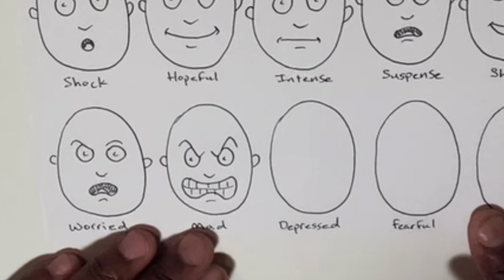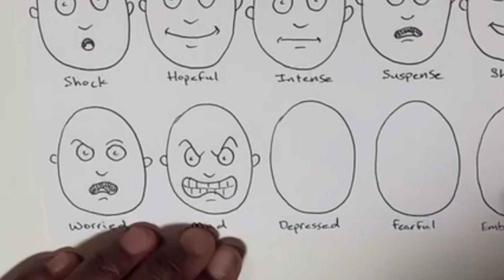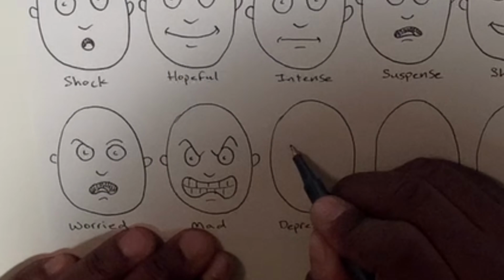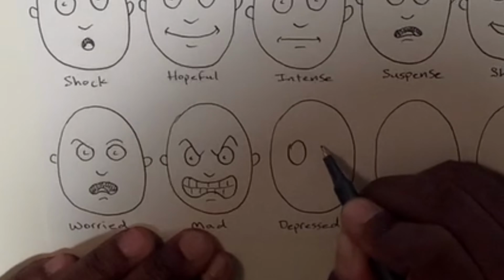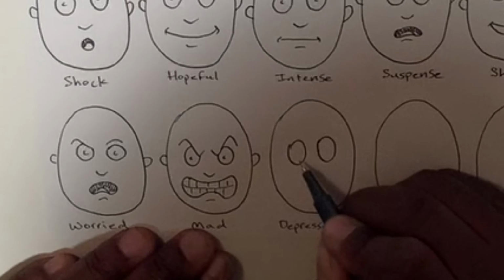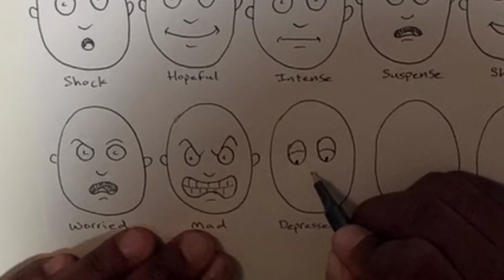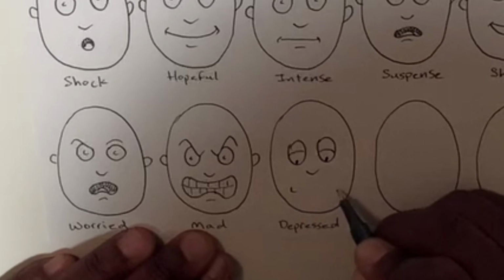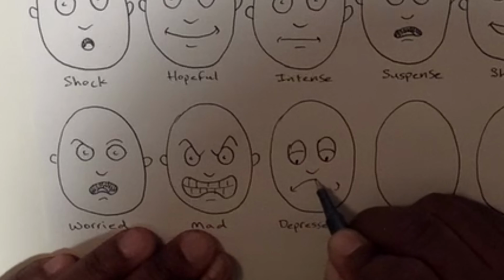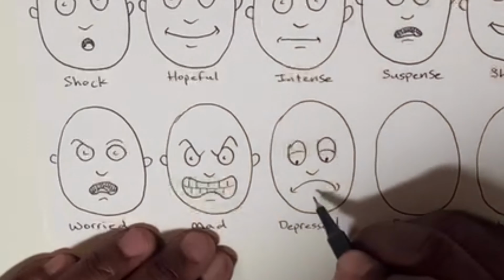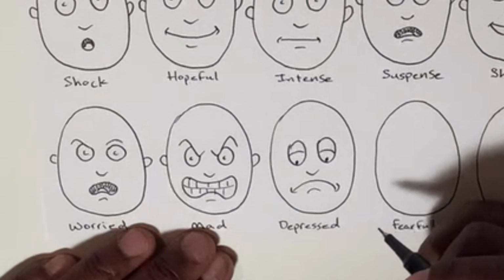It's even more droopy than sad, I guess. Looking down. You just exaggerate. Depressed is kind of like an exaggeration of sad, similar to how mad is an exaggeration of anger, right?